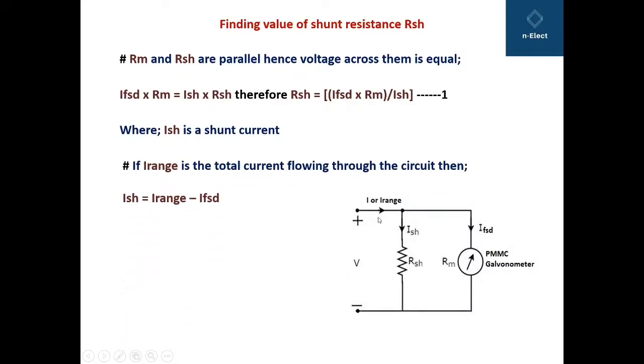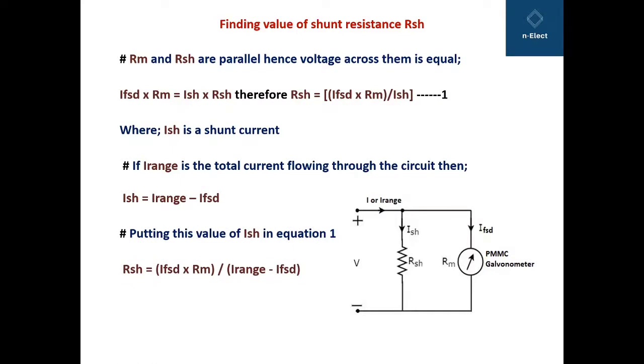If I range is the total current flowing through the circuit, then ISH will be equal to I minus IFSD naturally. Putting this value of ISH in equation number 1, we will get RSH is equal to IFSD into Rm whole divided by, instead of ISH now we will write this I range minus IFSD, and we will get this equation.